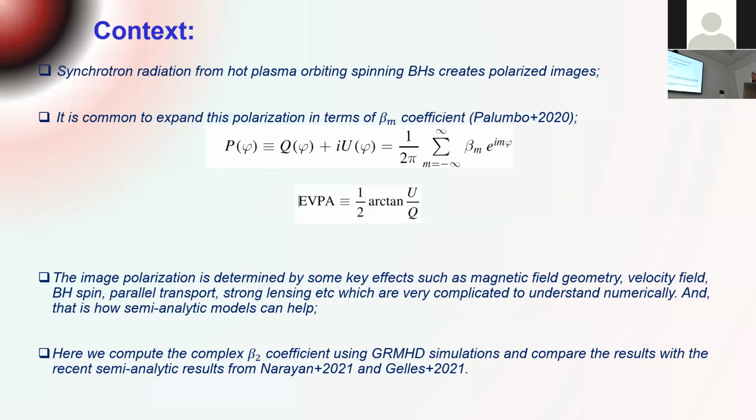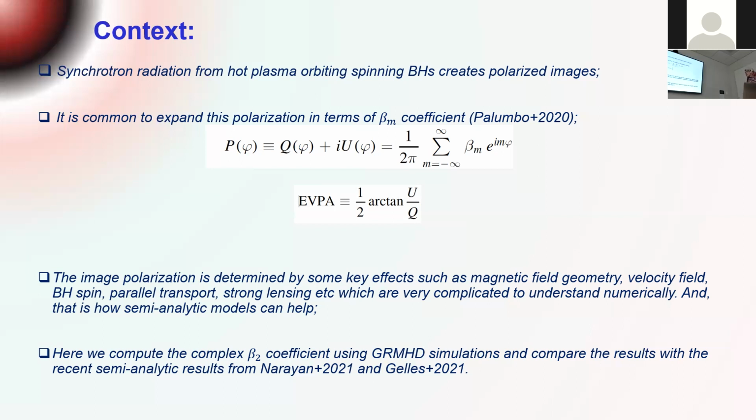So motivated by that, in the next couple of slides, I'm going to compute the complex beta_2 that I just described, using GRMHD simulation, completely from the numerical perspective. And I would love to compare this with the semi-analytical works that Ramesh and Narayan et al. did in 2021 in an official paper. That was for the case of a non-spinning black hole.